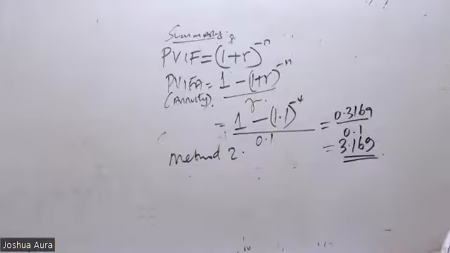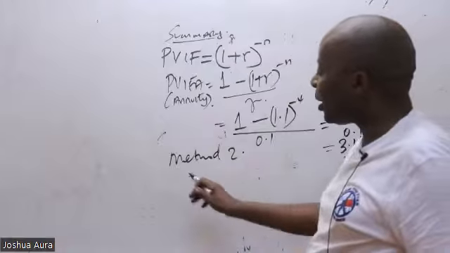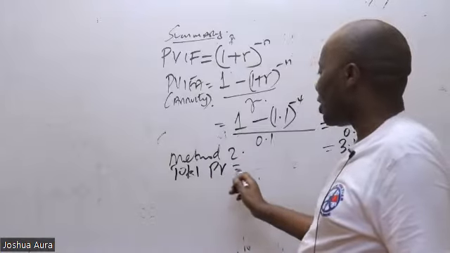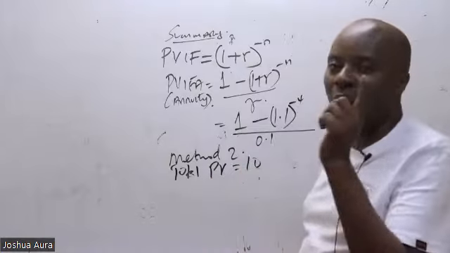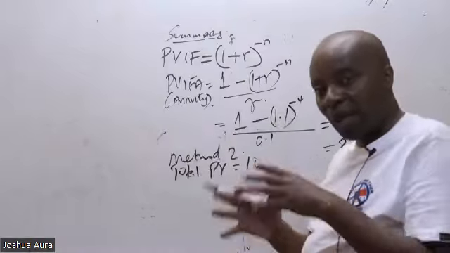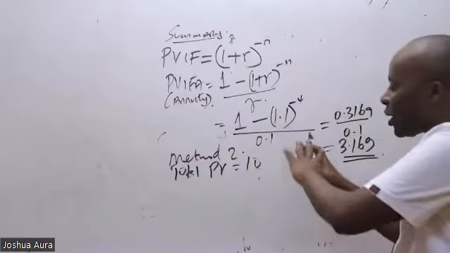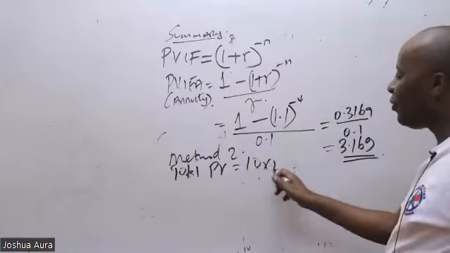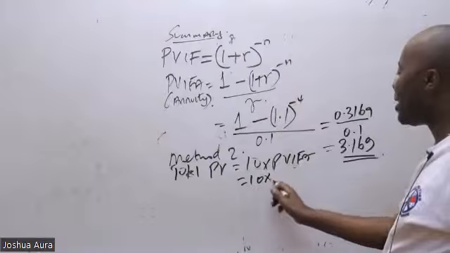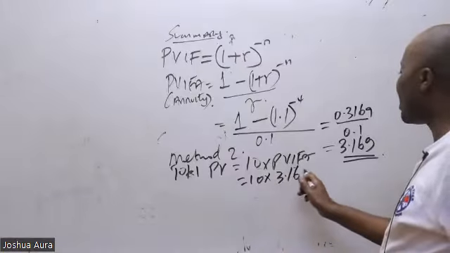So this is method number 2, a very important method. And then for me to get the total present value, I'll pick just 10, one of them, times PVIFA. So we have 10 times 3.169.